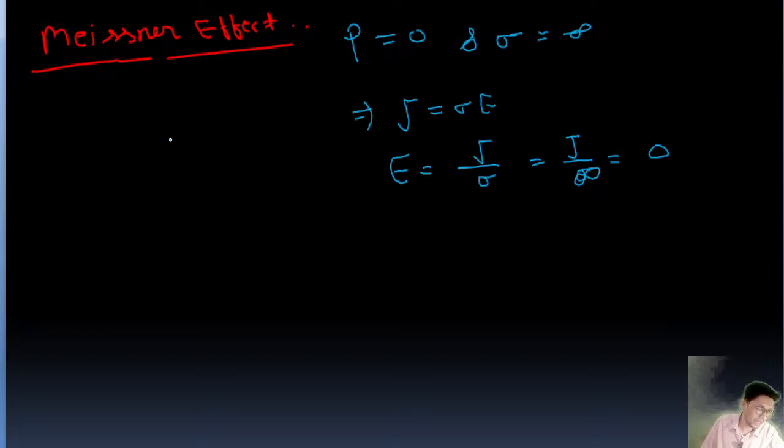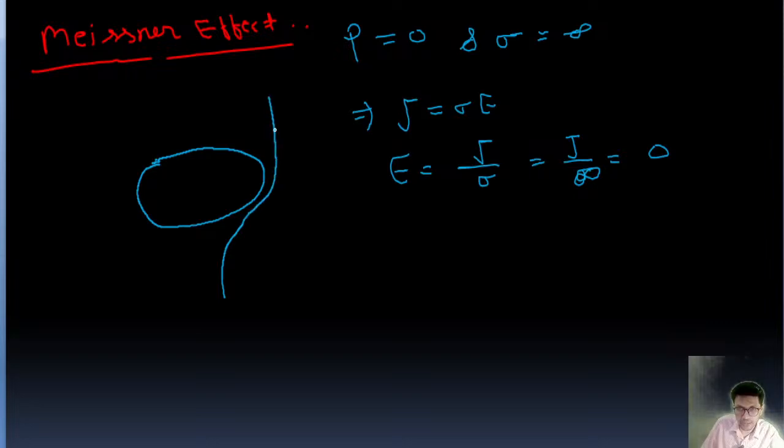So in case of diamagnetic material, what happens is, this is the diamagnetic material, guys. If we apply the magnetic field, the magnetic field lines don't penetrate this superconductor, this diamagnetic material. They will come like this and go around like this.